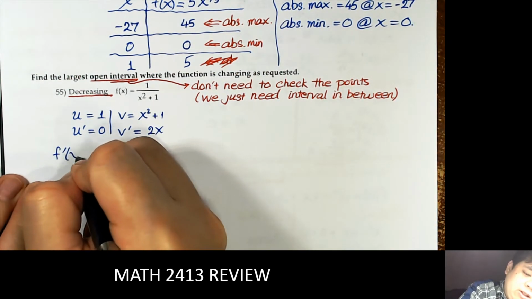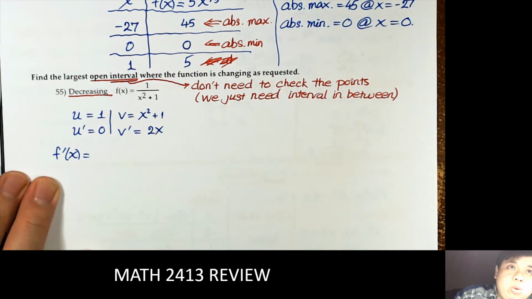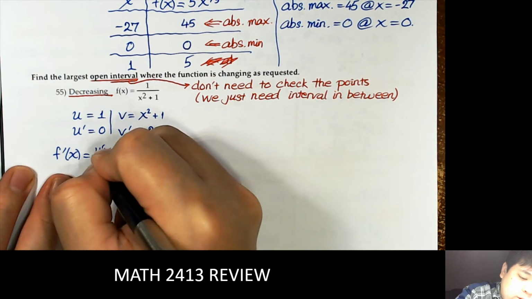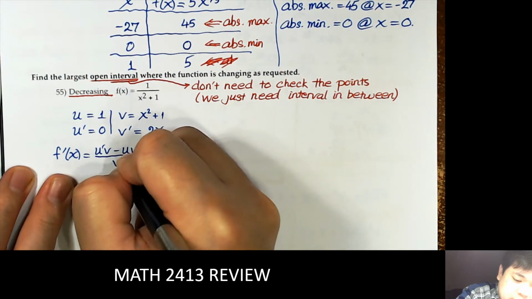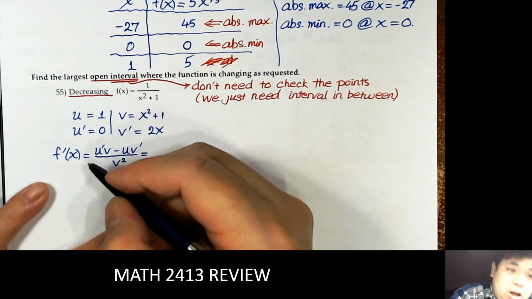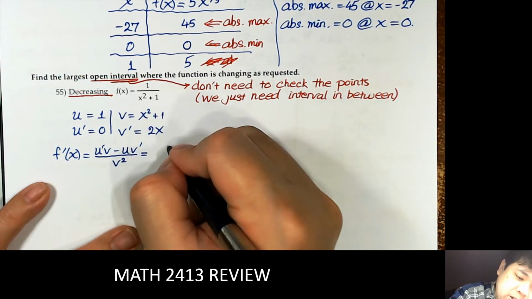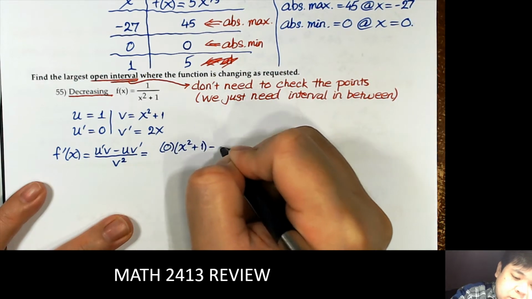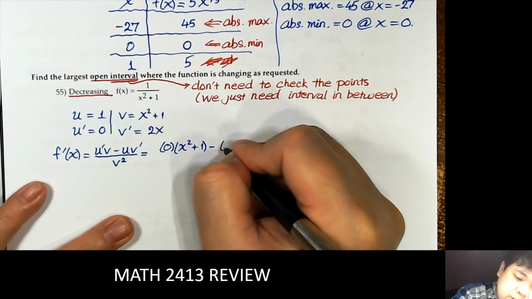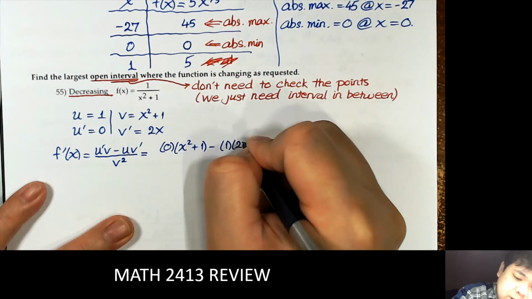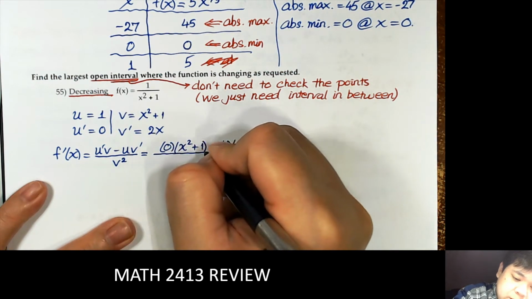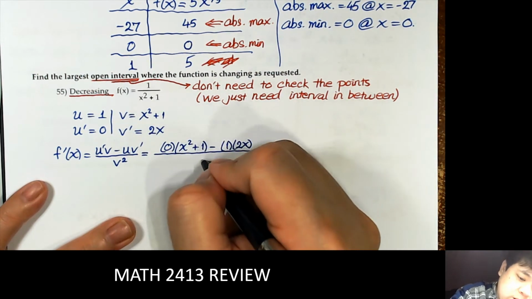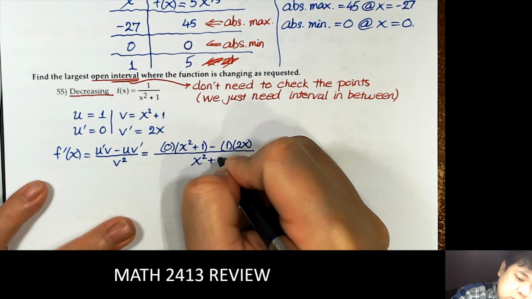Derivative as quotient rule, u prime v minus u v prime over v squared, u prime v minus u v prime over v, x squared plus 1, square.